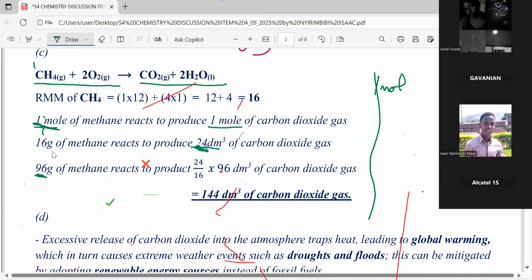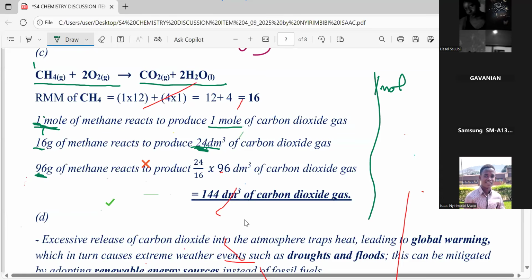So we can calculate this in different ways. Someone can first convert to mass here, or you can go direct using moles if you have converted 96 into moles. But this one becomes very much easier when you use this. Apart from that, do you have any other inquiry on that?